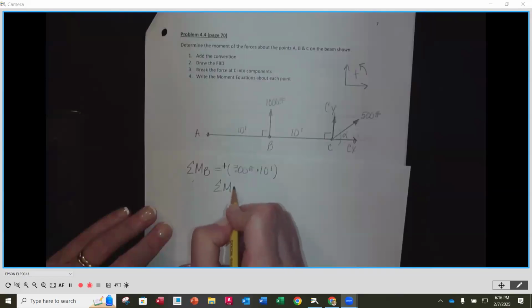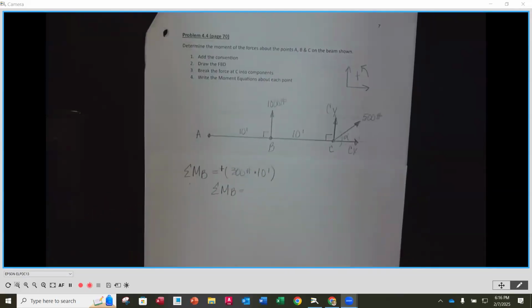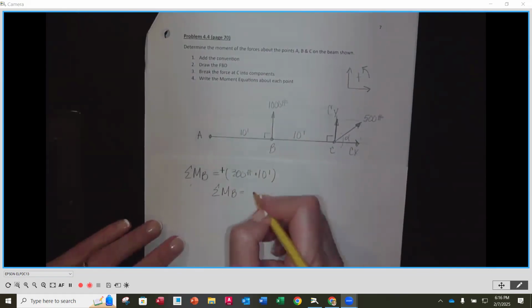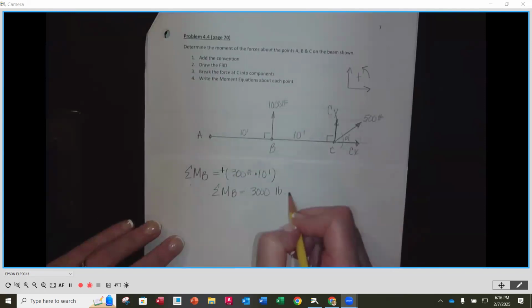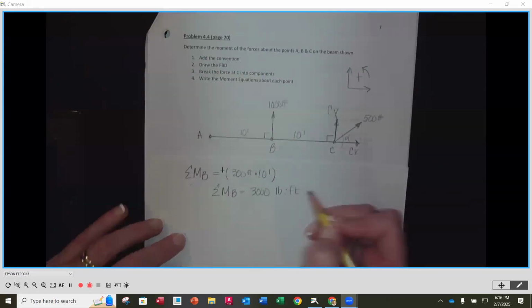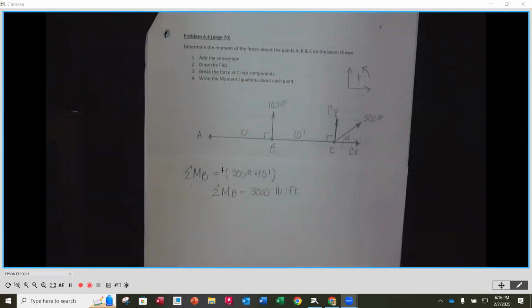So sum the moments around B is going to be equal to, what's our number? 3,000 foot-pounds. Yep, that sounds correct. So 3,000 pound-feet. Remember, in moments, we always want to do pound-feet.